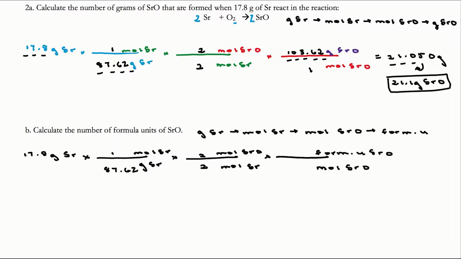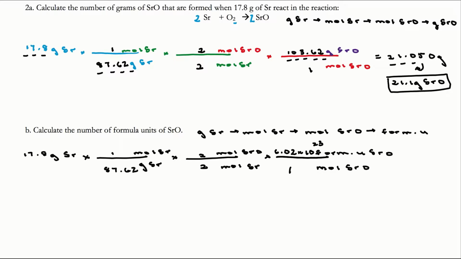So in order to do that, I know that 1 mole of strontium oxide is an Avogadro's number's worth of formula units. Okay, so now I'm going to take 17.8 divided by the molar mass of strontium, multiply by 2, divided by 2, and then I'm going to multiply by Avogadro's number now.